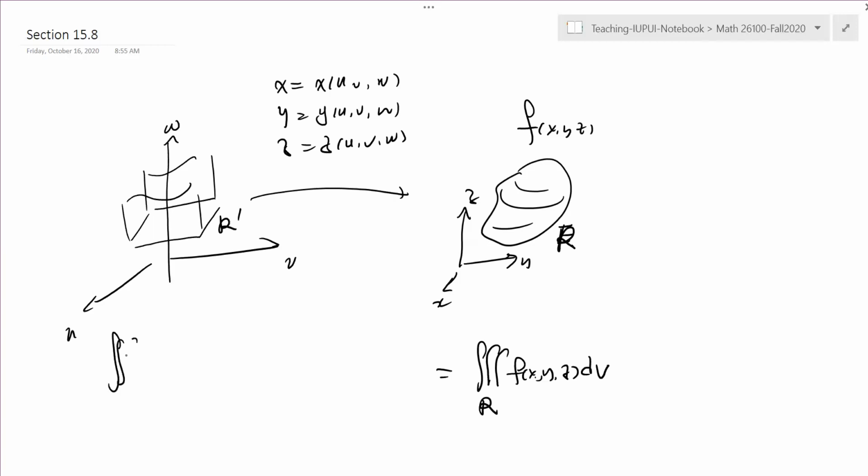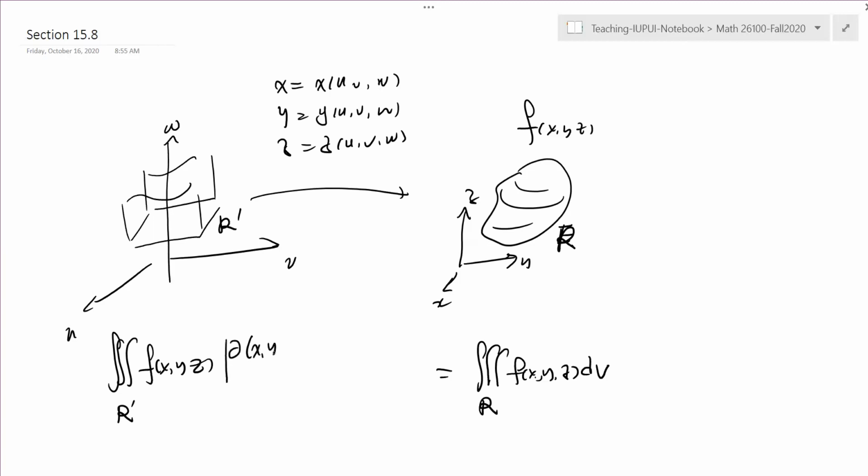So we try to find the triple integral, which should be equal to the one on the right-hand side. Clearly, this is still x, y, z. x is replaced by a function of u, v, w, and y will be replaced by a function of u, v, w. Now, there will be an additional term.